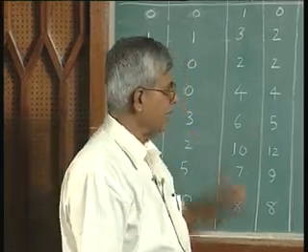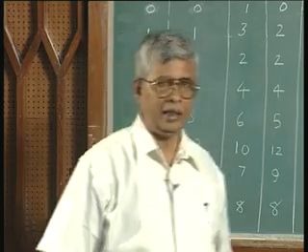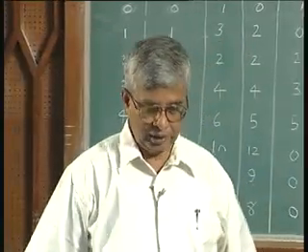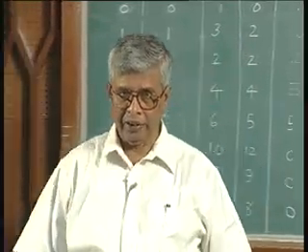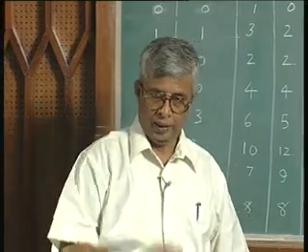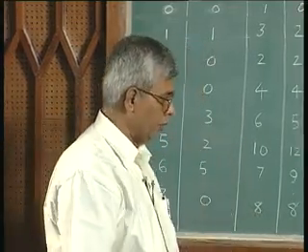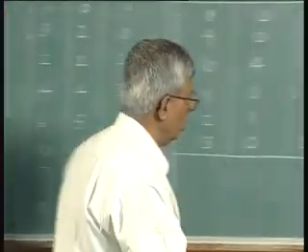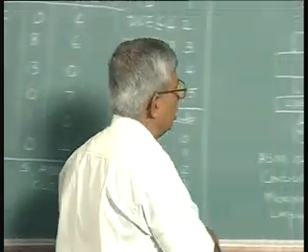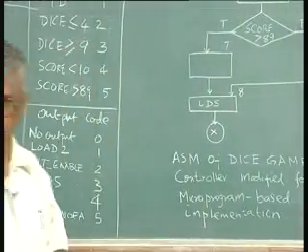So, for this case, let us compare the sizes of the ROM required for the conventional approach and the microprogrammed approach. In the conventional approach, now that we do not need this, I am going to remove it.